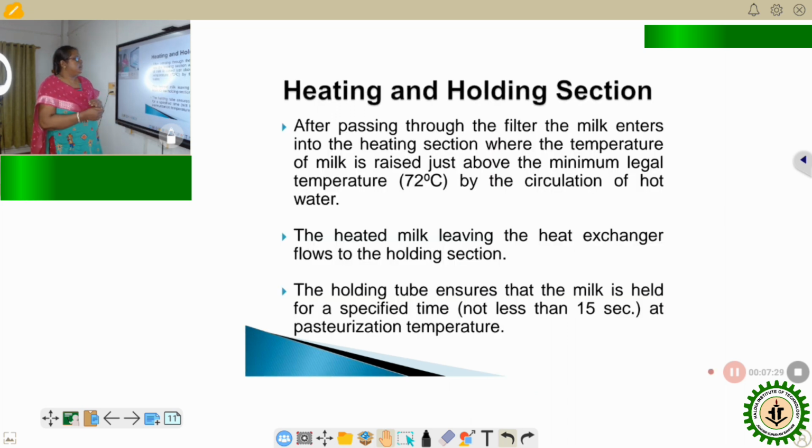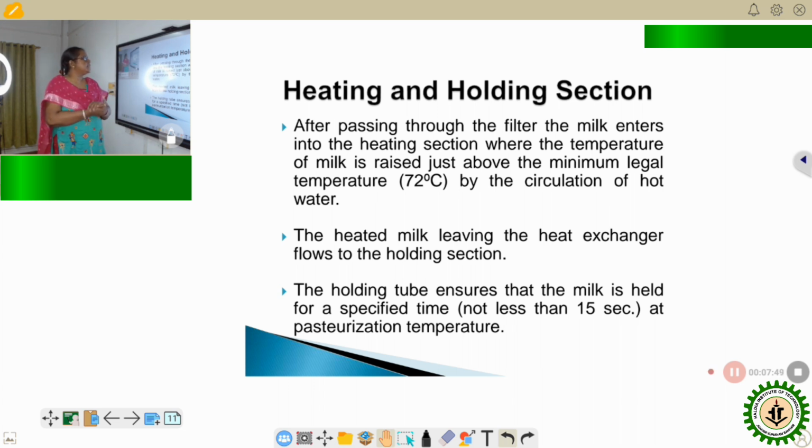So after this, it directly enters into the heating and holding section. Together I am discussing this. Heating basically means where, using the plate heat exchanger and hot water, the milk is brought to its final temperature, which is around 72 degrees centigrade. That is the heating section.